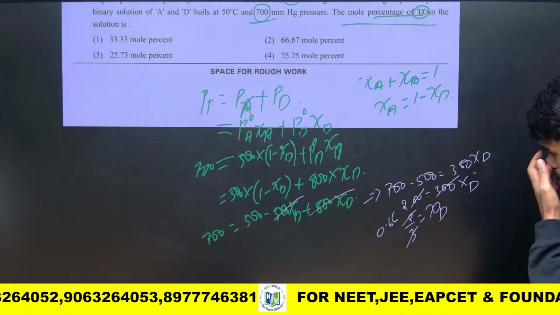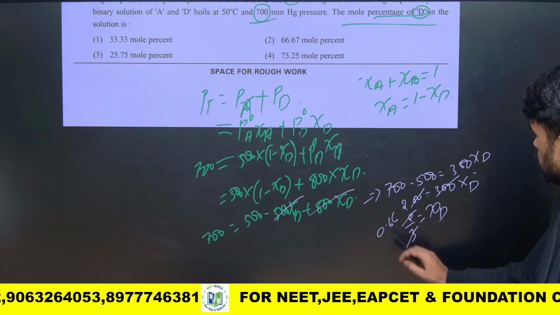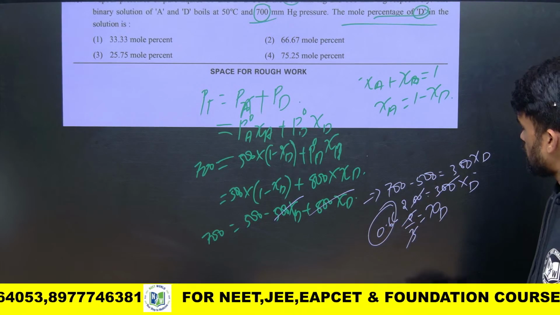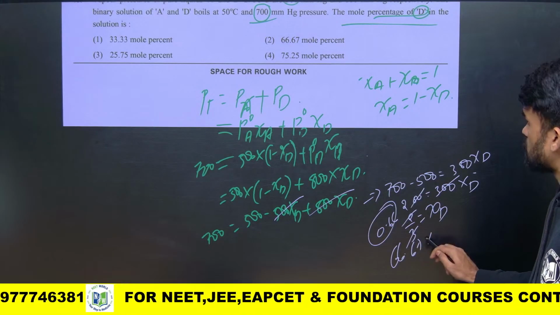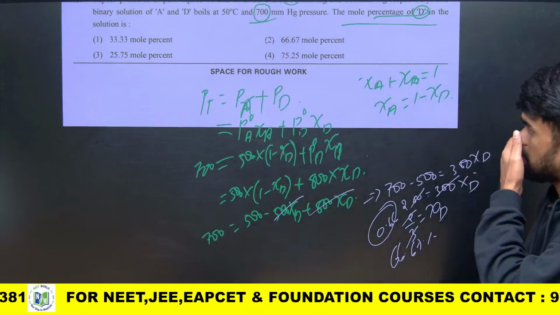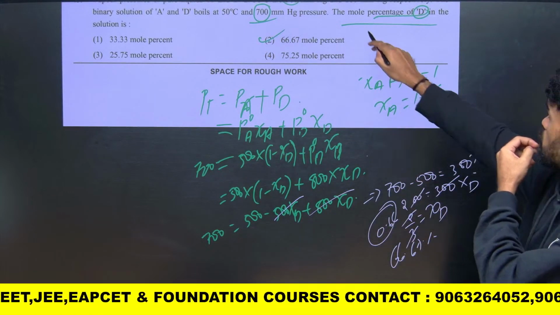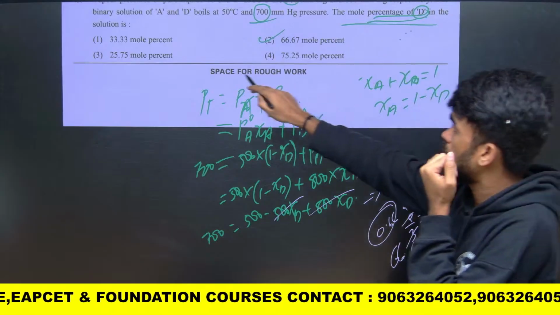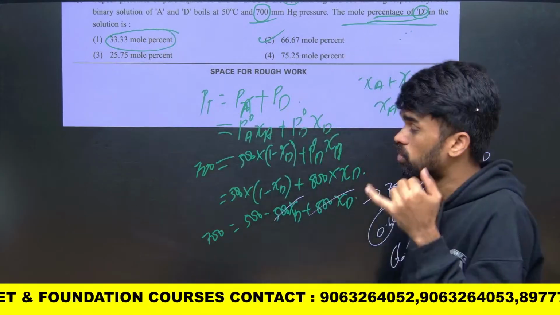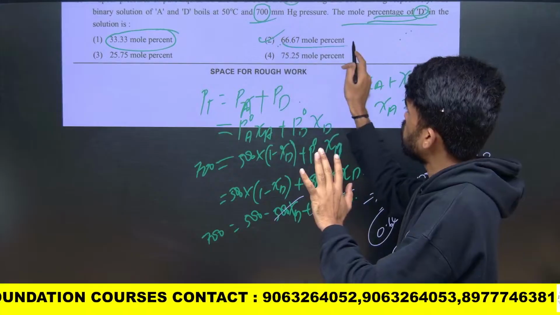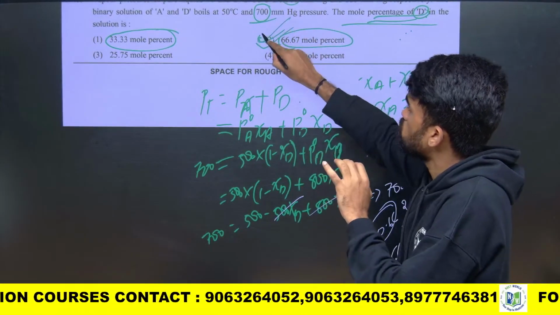What is the mole fraction of D? We have 0.66. So in percentage I can say 66.67 percent. So we have 66.67 percent here for chi D, the mole percentage of D. If they ask for the mole percentage of A, this is the answer. Okay. But they are asking about this in the question, so you can choose option 2 as your answer.